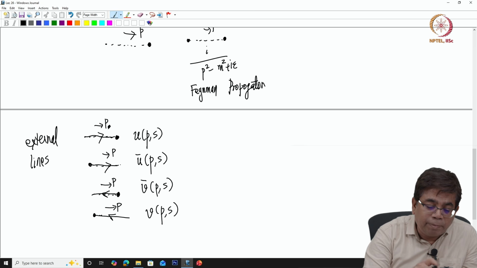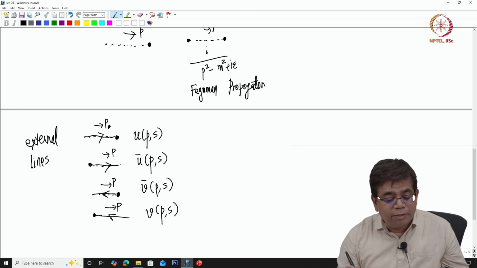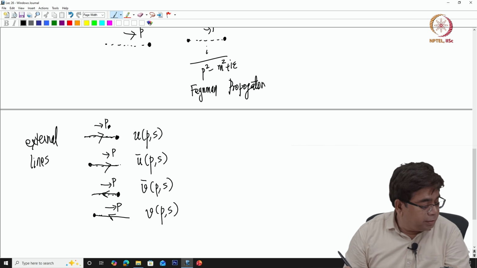So incoming particle will have an arrow showing the direction of the incoming charge, whereas the incoming antiparticle will have the direction of the charge on the line reversed, essentially it has the line reversed.